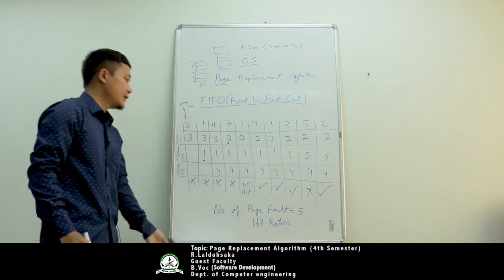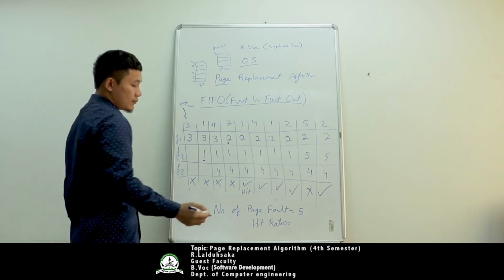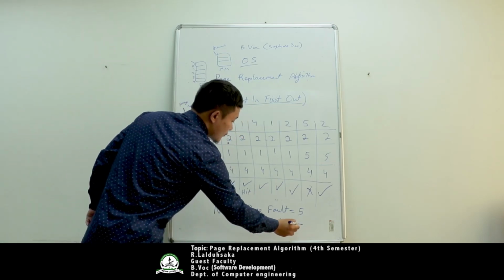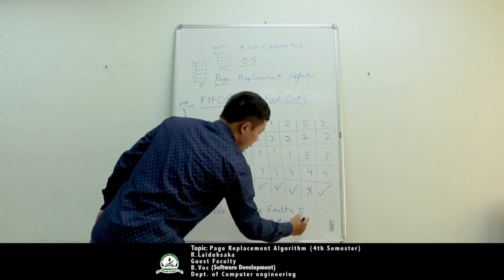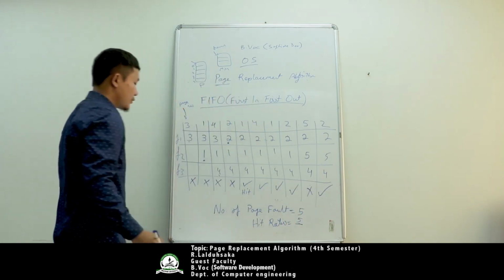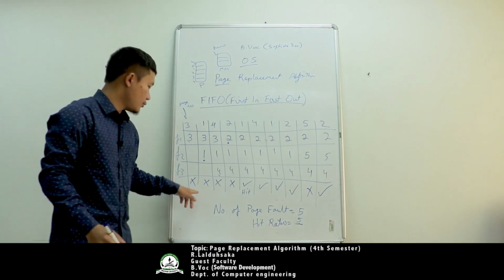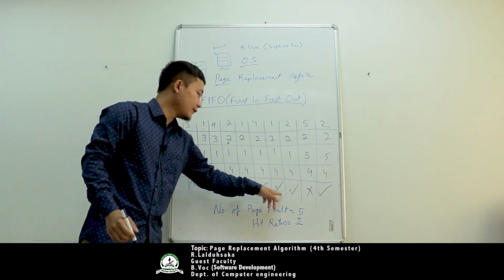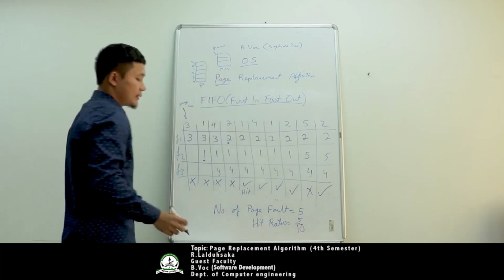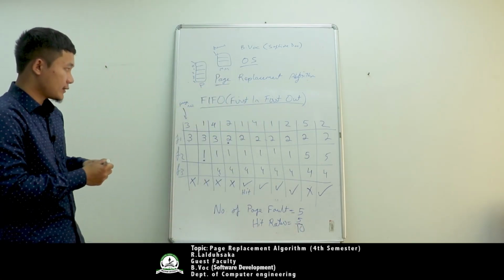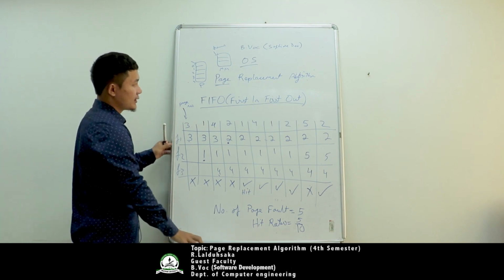Hit ratio means the number of hits, 1, 2, 3, 4, 5, divided by the total number of the reference string, 1, 2, 3, 4, 5, 6, 7, 8, 9, 10. This is the hit ratio. This is the first in first out algorithm for page replacement.